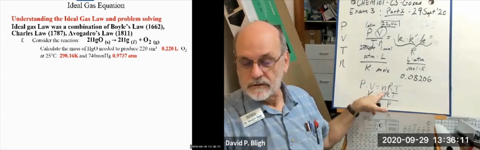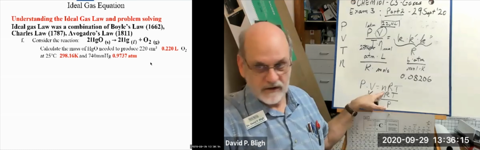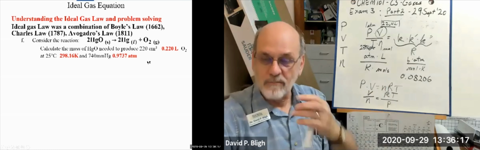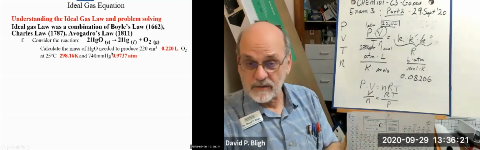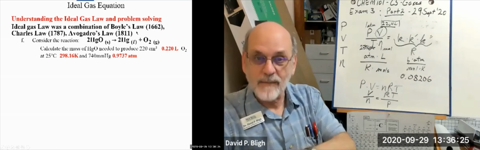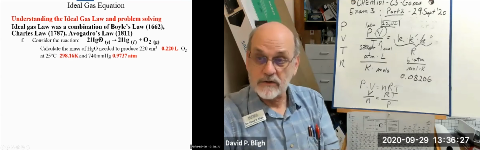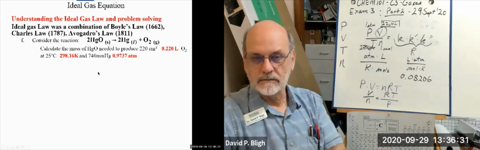Moles. So you can calculate the number of moles of oxygen that were produced in this reaction. And once you have moles, remember, you can go anywhere in your equation. So we calculate the moles from the ideal gas equation. Then you can find out how many moles of mercury 2 oxide you have and make the conversion to mass.